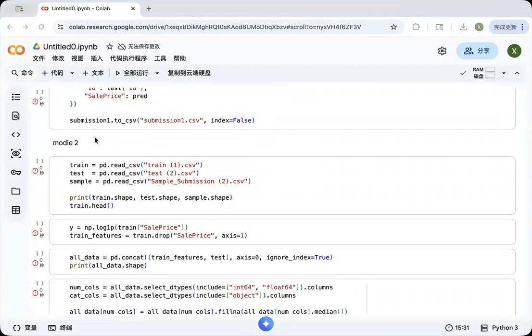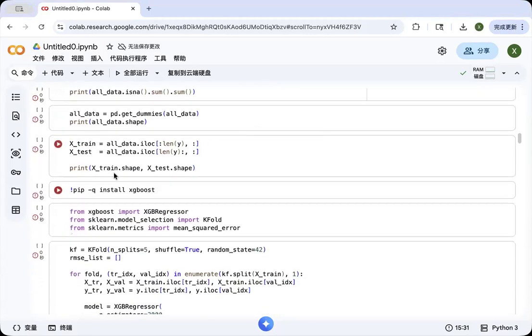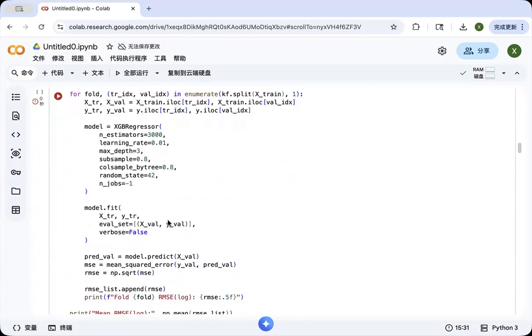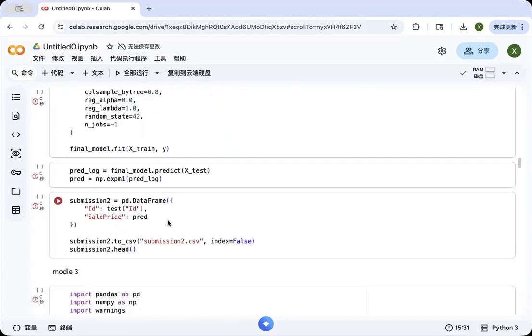We then transitioned to LightGBM, which is optimized for efficiency and often performs very well on structured tabular data. We tuned several hyperparameters, including learning rate, number of leaves, subsample ratio, column sample ratio, and L1 and L2 regularization.